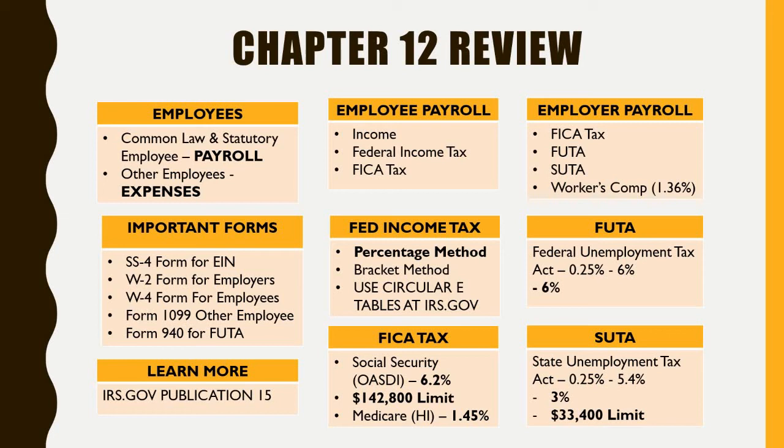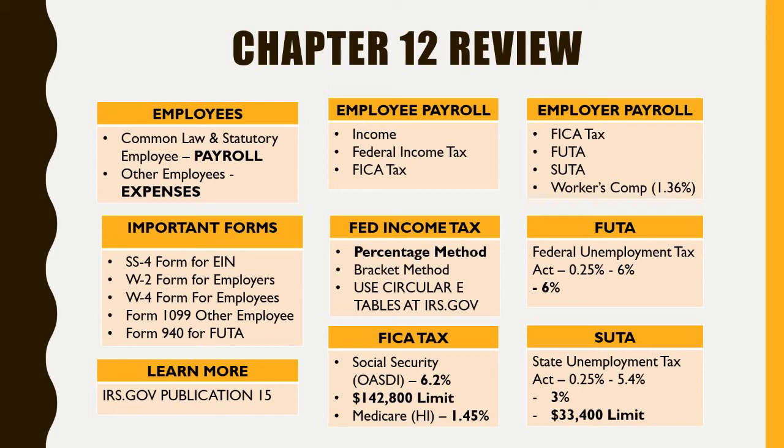We learned two methods, but so far I only taught you one. But know that the other method exists, okay? And we're using the Circular E table. Again, I will provide you the table for examples as well as exams, so you do not need to worry about that.